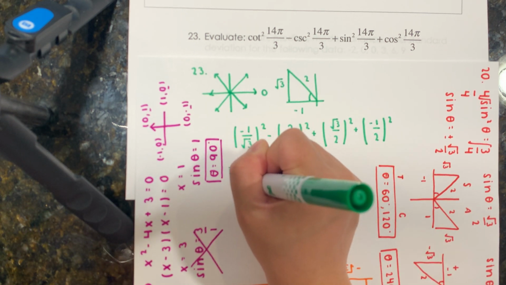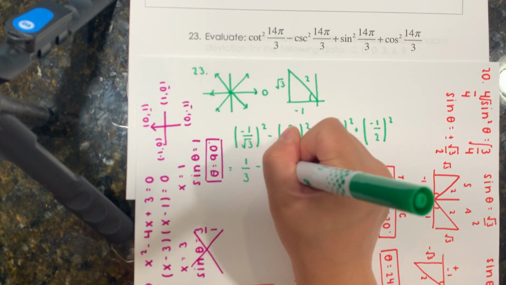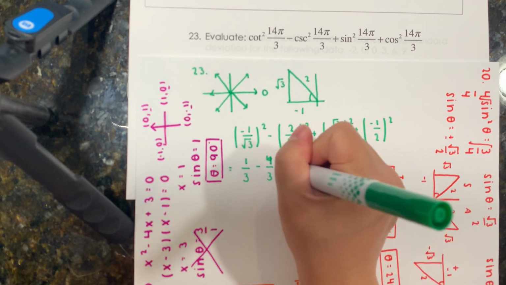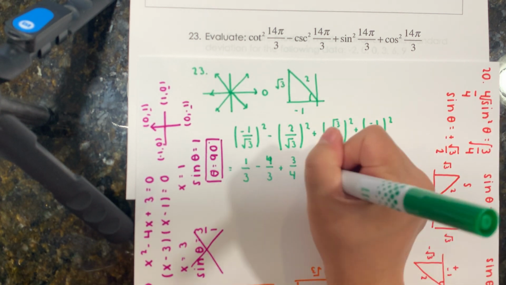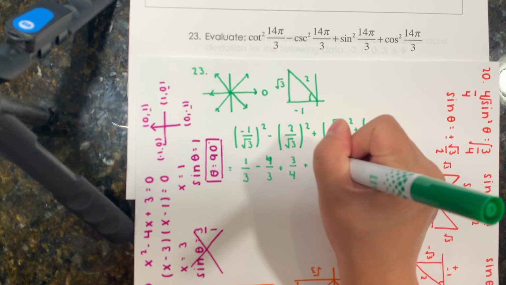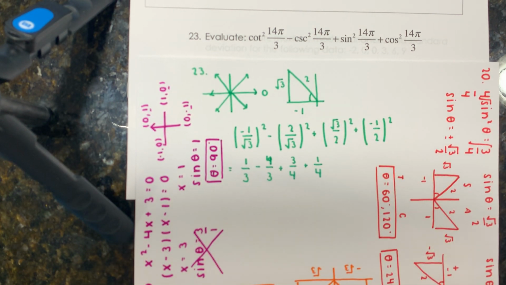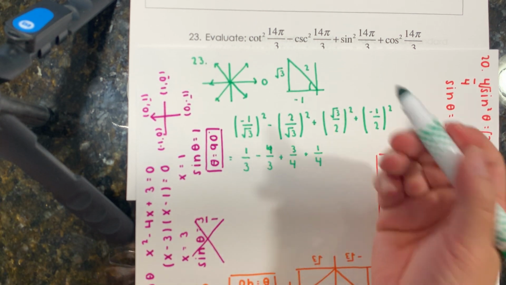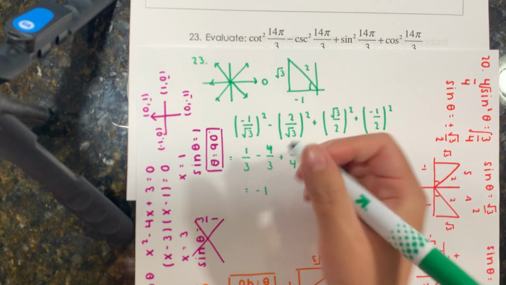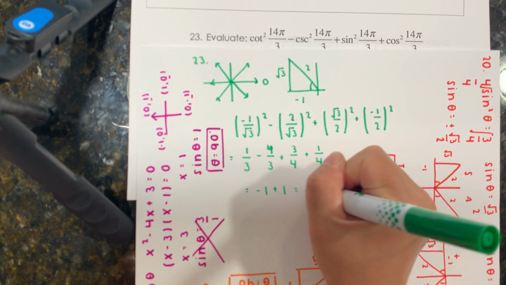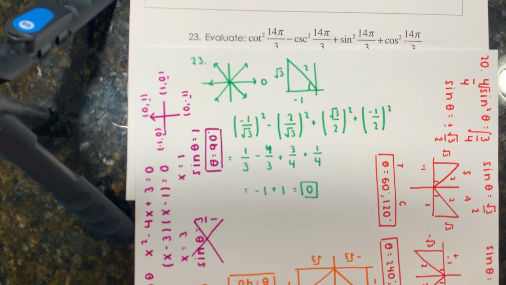This would be positive 1/3 minus 4/3 plus 3/4, and then plus 1/4, because 1/2 squared is 1/4. 1/3 minus 4/3 would be negative 1, and then 3/4 plus 1/4 is positive 1. So my result is just 0 for number 23.